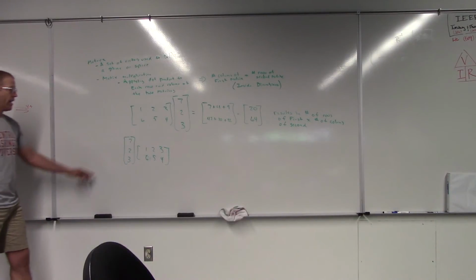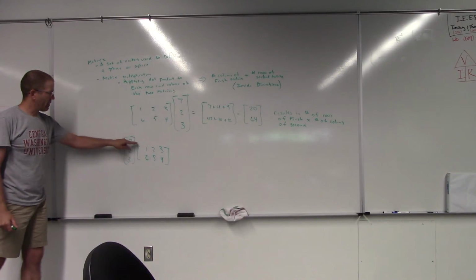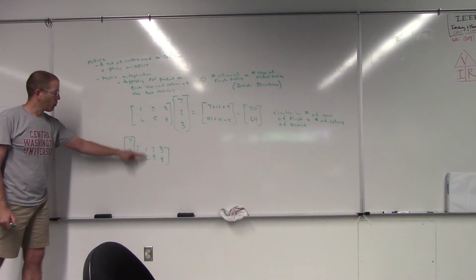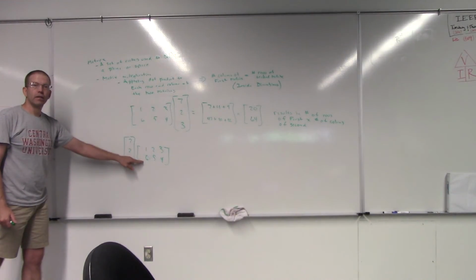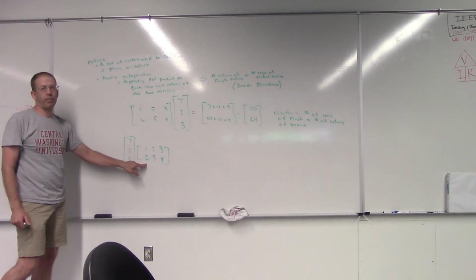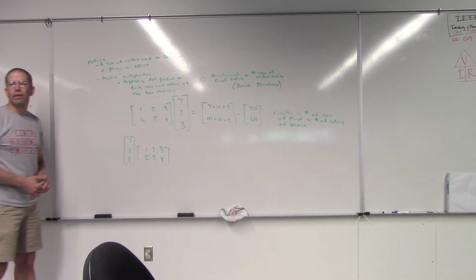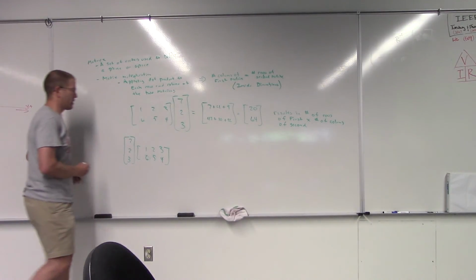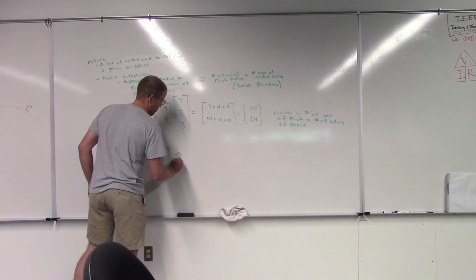In this case, we can't do it because we would need to have 2 columns or 1 row. Either 2 columns in the first matrix or 1 row in the second matrix in order to ensure compatibility between the 2 matrices. So this operation is not possible.